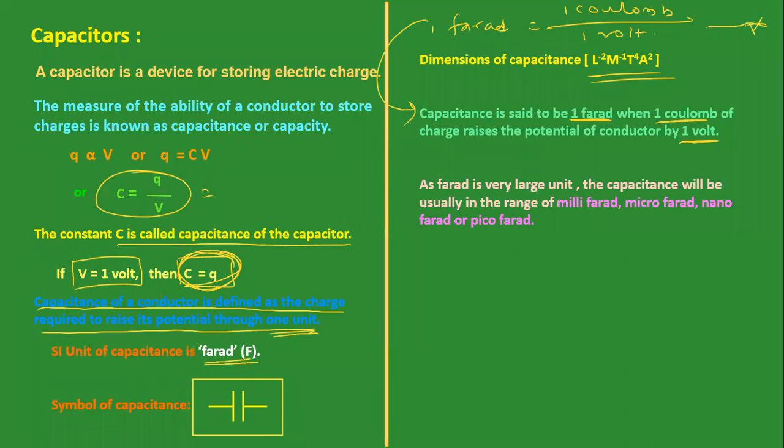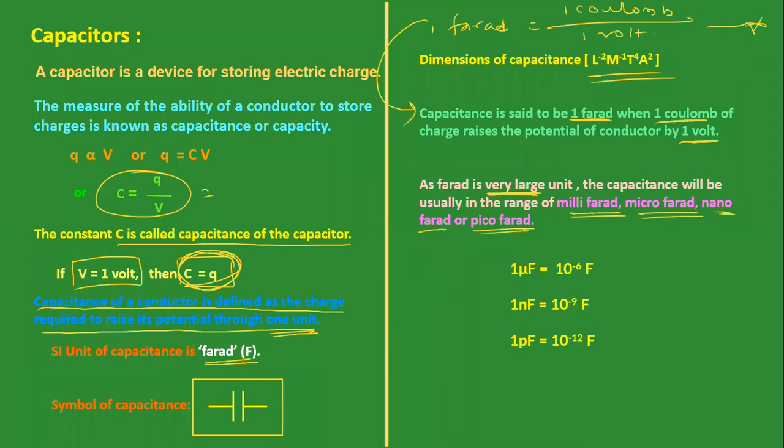Farad is a very large unit. Generally, in a problem you will not see capacity in farad; it is in micro, nano, or picofarad, because farad is a very large unit. So we use capacity in terms of millifarad, microfarad, nanofarad, or picofarad.